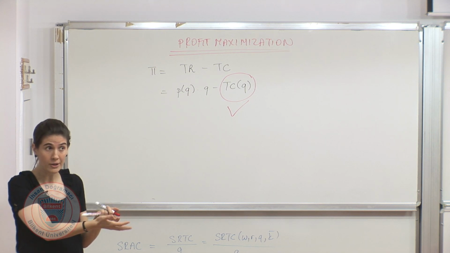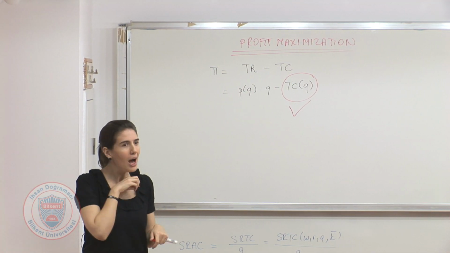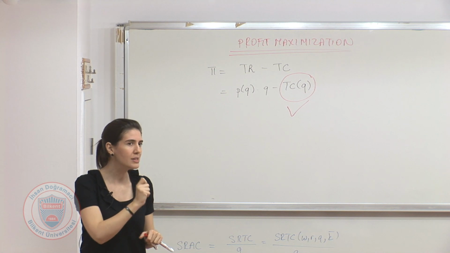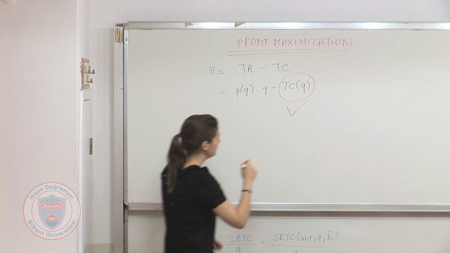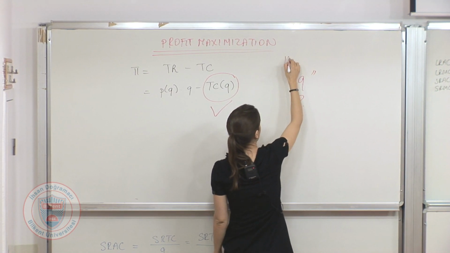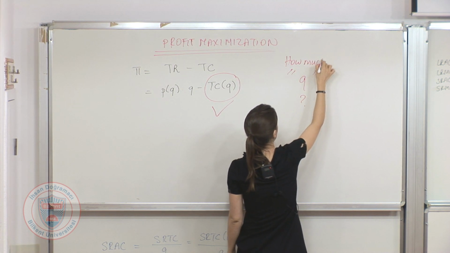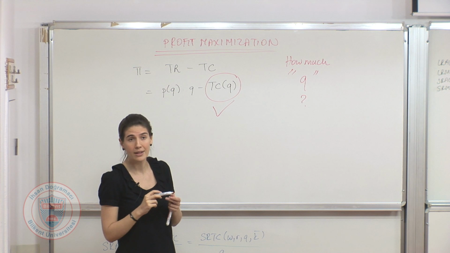That they know. What is going to be their cost? They know. Now, how can they decide on Q? How much output to produce? They need to decide on that, okay?